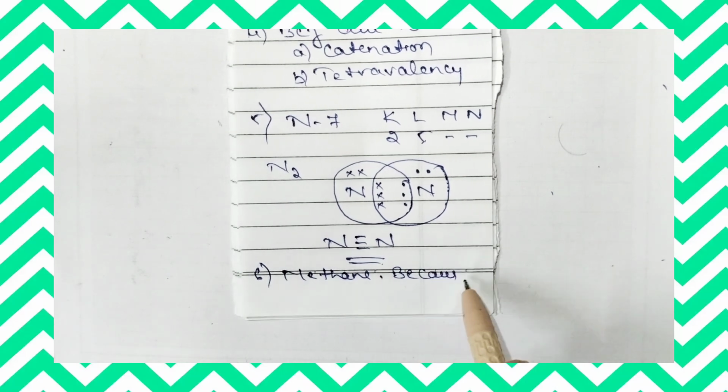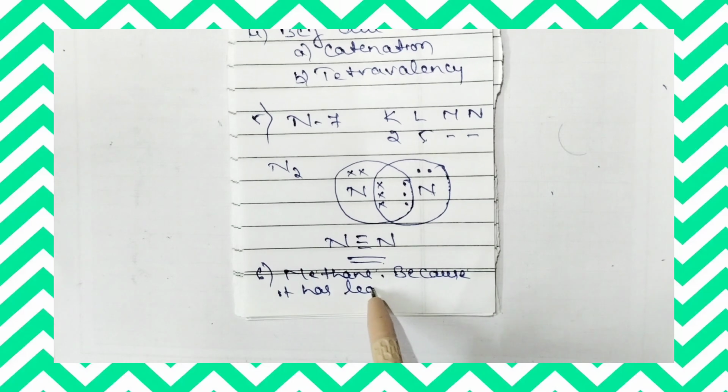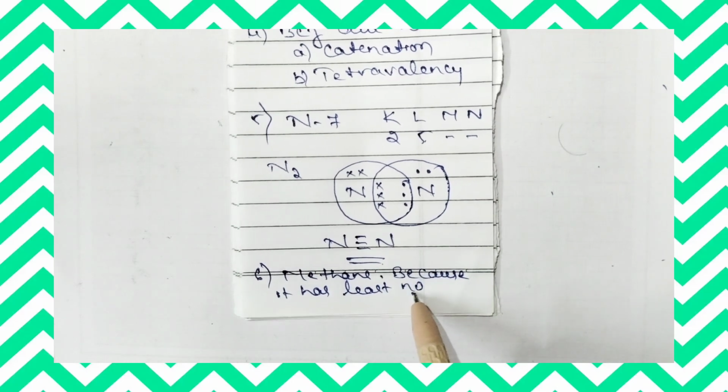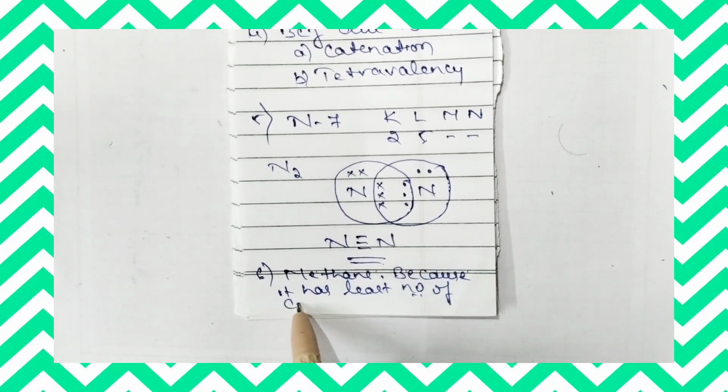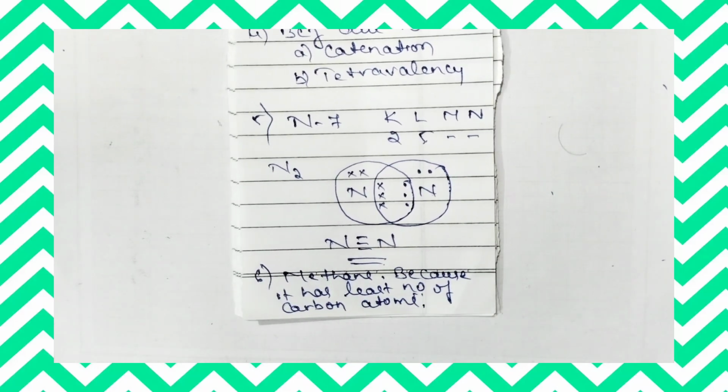Because it has the least number of carbon atoms. Since it has the least number of carbon atoms, methane is called the simplest form of hydrocarbon.